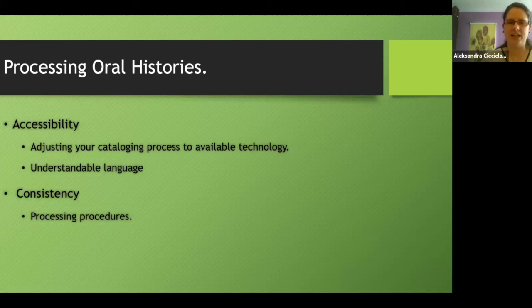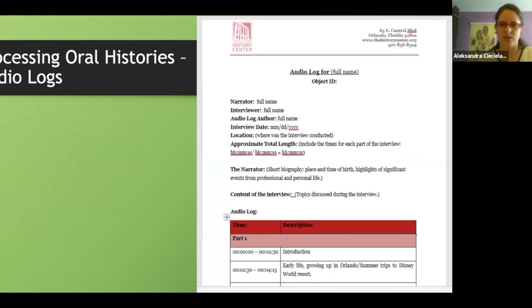So the next slide talks about audio logs. This is the form that we are using. At the institution I worked at before, we used very similar documents. It's not like there is one document for all oral history archives, but pretty much anybody who works with oral histories has the same idea of what needs to be included in such a document.